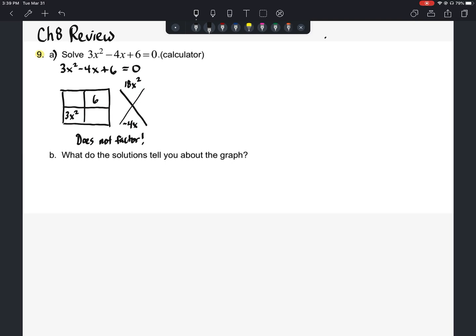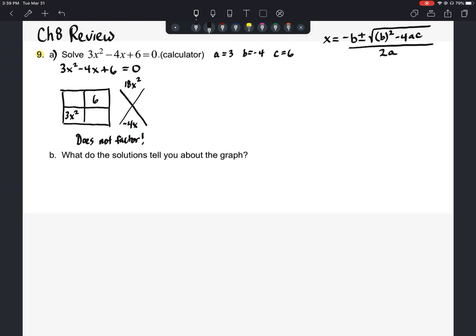So remember, our quadratic formula is x equals the opposite of b plus or minus the square root of b squared minus 4ac, all over 2 times a. So in this case, we know that a is 3, b is negative 4, and c is 6.